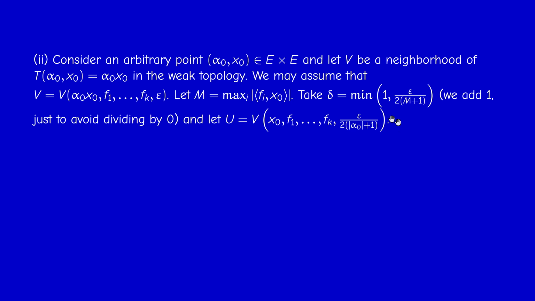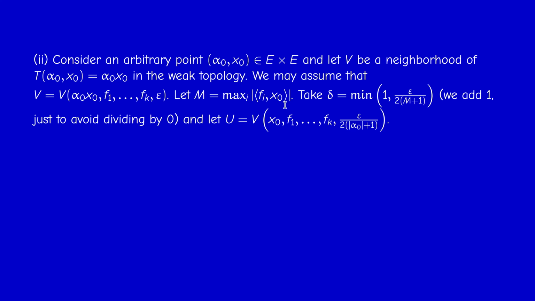And I take delta to be smaller or equal than 1 and smaller or equal than epsilon over 2M plus 1. Now, why did I choose that? You will see why, but this is something typical in analysis. First, of course, you could take epsilon over 2M, but I add 1 to avoid the case that M equals 0, in order not to distinguish between the case M equals 0 and M different from 0.